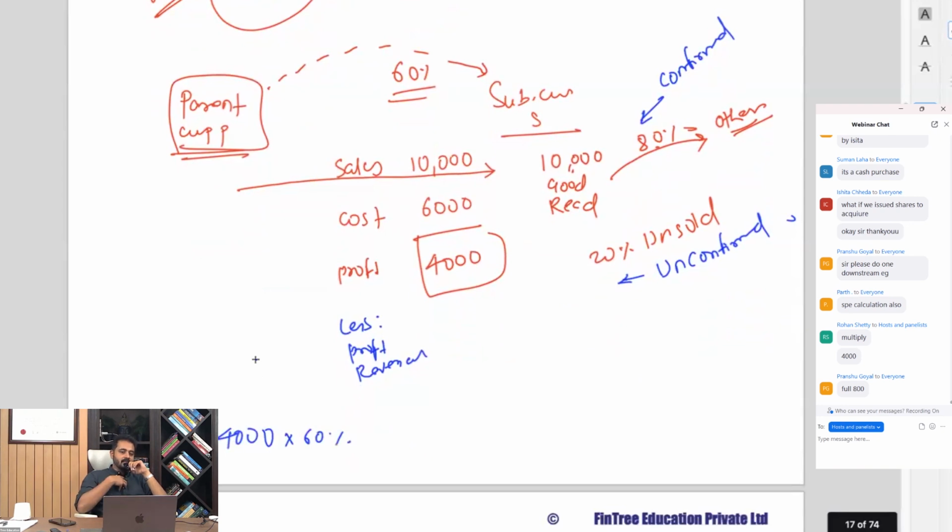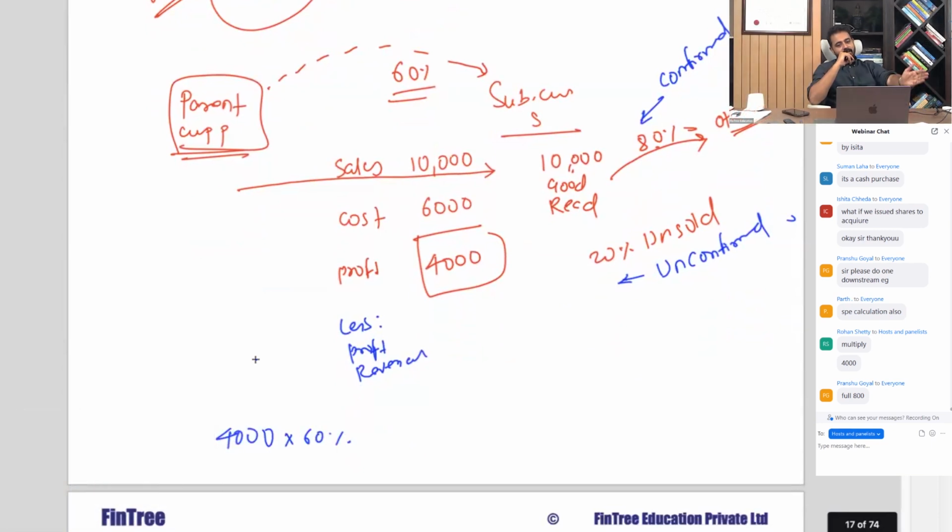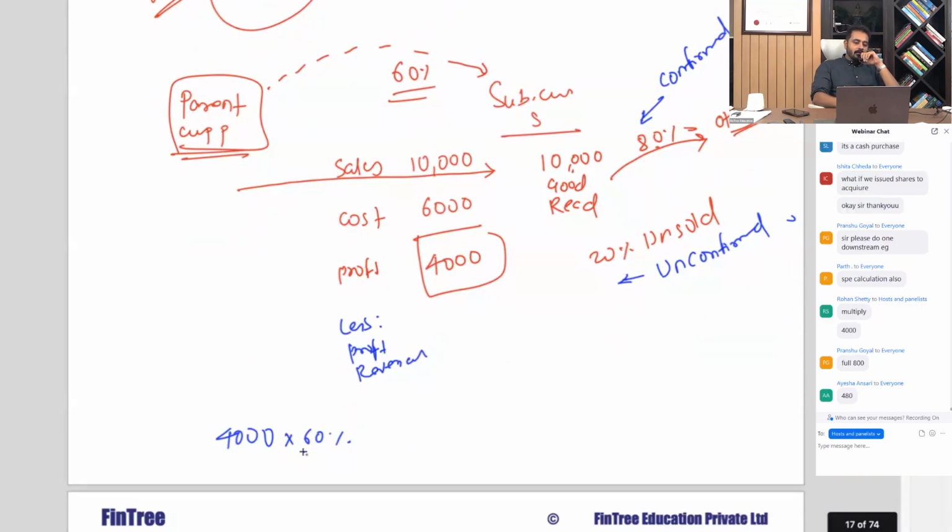So when I'm selling to my subsidiary, technically it's like 60% of the sales I have made to myself, 40% of the sales I've made to others, right? So this part of the sales that I've made to myself, that part I need to reverse because I cannot make profit by selling to myself.